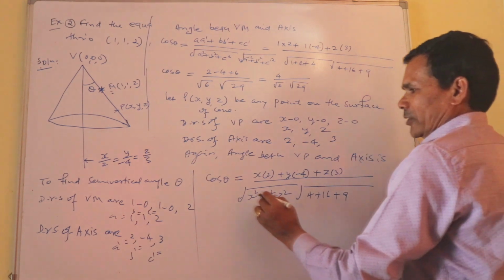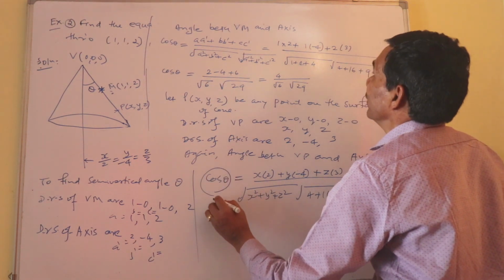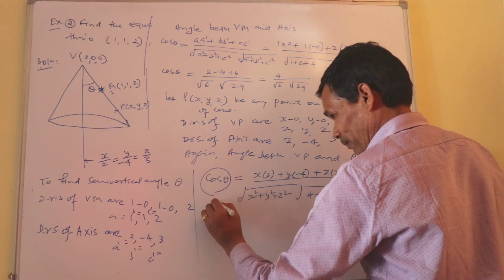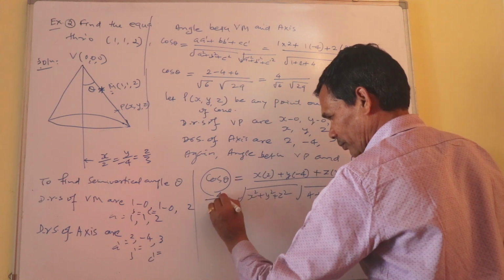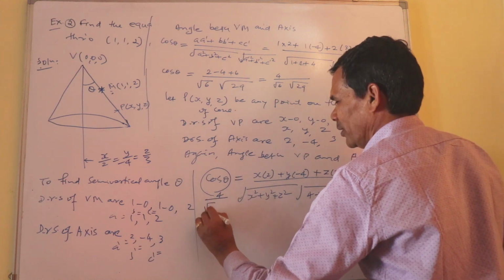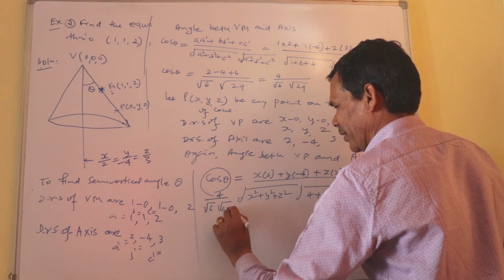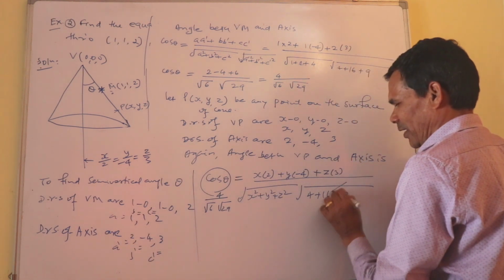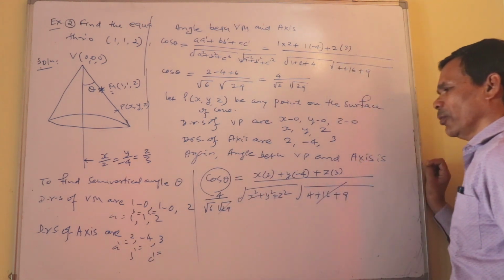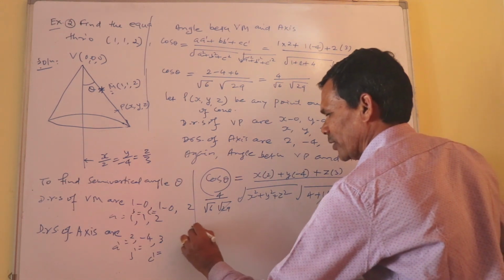I put this value here, 4 upon root 6 root 29. So I can cancel out root 29 on both sides and simplify this further.